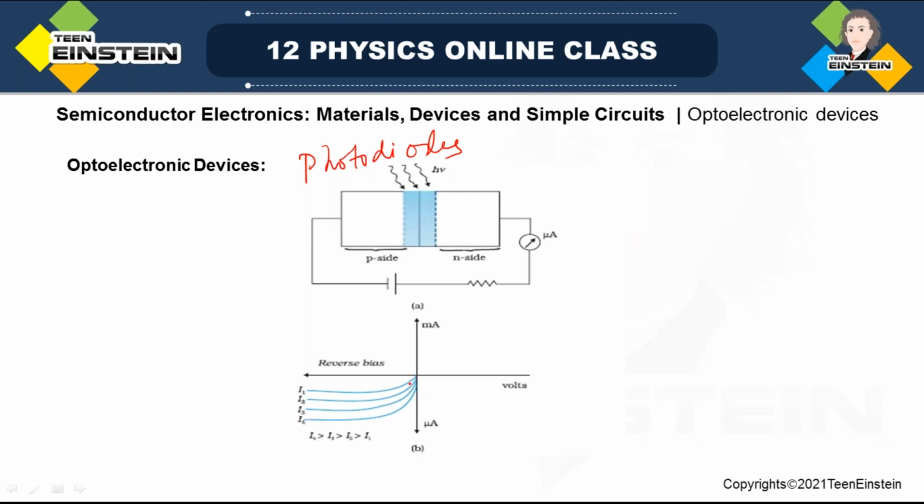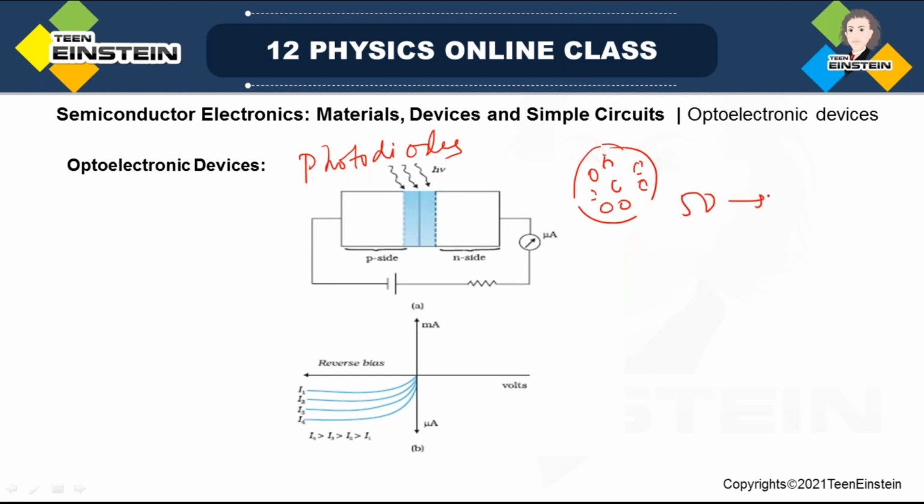This is the reverse saturation current, and the magnitude of the current depends on the intensity of the photons, because intensity means what? If you increase the intensity, the number of individual photons will increase, and hence it will create more and more electron hole pairs.